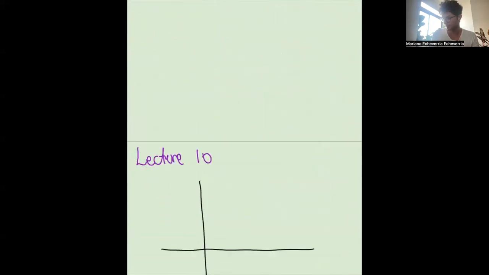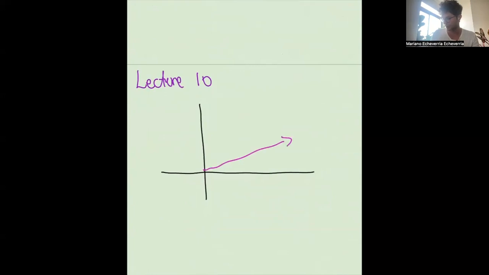So what I was saying yesterday is that when you have two vectors, AB and CD, the determinant is just the area.